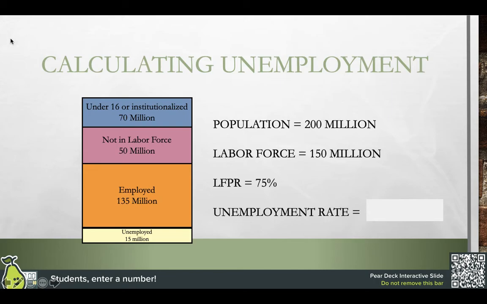And the unemployment rate, okay, we get the number of unemployed over the labor force. Okay? And so you take 15 million over 150 million, and your unemployment rate is 10%. Okay, you will do plenty of practice with this. Again, the math is as easy as can be. It's just understanding how they all work together.